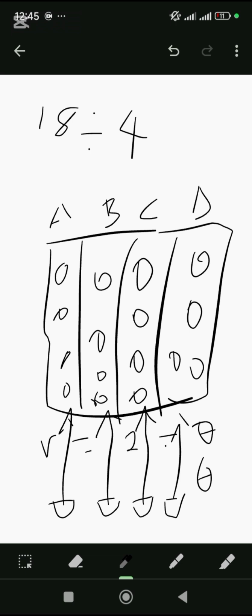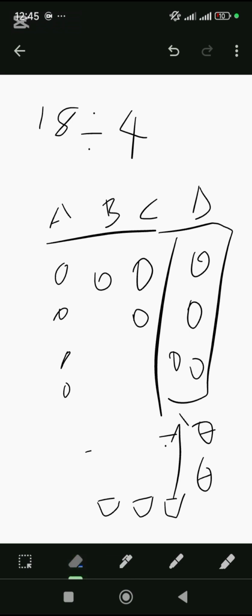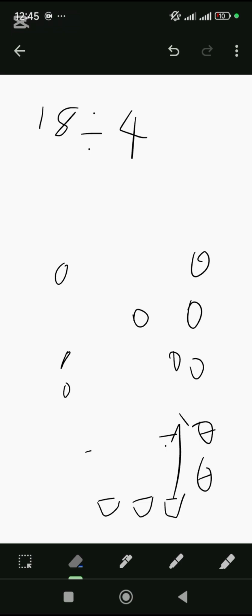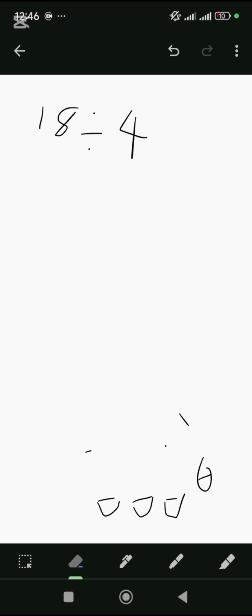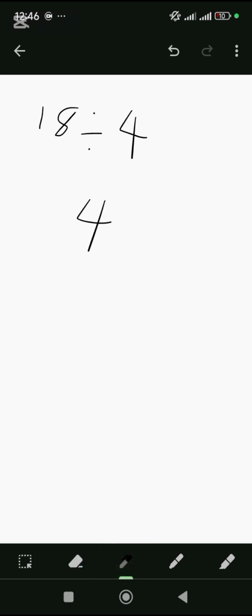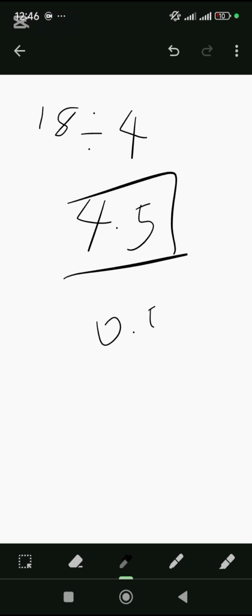Okay, and so in real terms, assuming we have 18 oranges to be divided among 4 kids, each kid is going to receive 4.5 of those oranges, where 0.5 in decimal equals half.